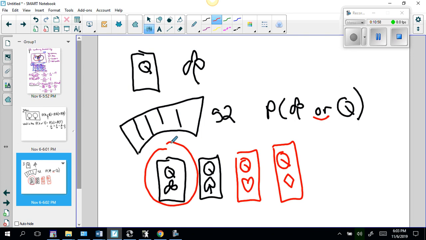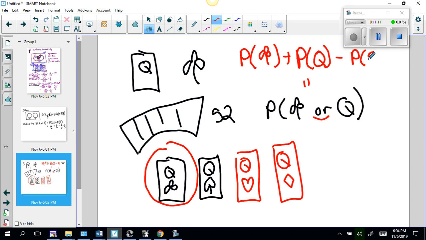But that's okay, because I got a formula that says it's the probability of being a club plus the probability of being a queen minus the probability of being a queen and a club. So here we go. What is the probability? Wish I would have saved some more space. Poor management. Probability of being a club. Well, there's 13 clubs out of 52. Or you could have went with the old, there's one of 4 different suits.